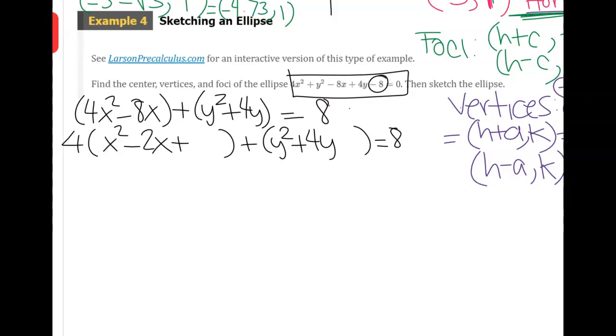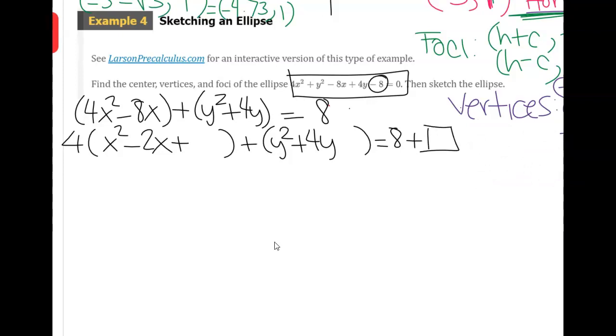And I'm actually going to make some room here. So we're going to have that, and then remember we're going to have to add some stuff as well, the stuff that we're going to put inside these boxes.